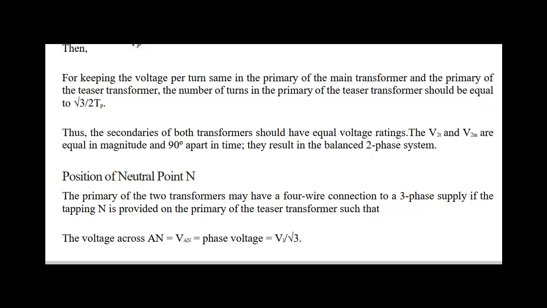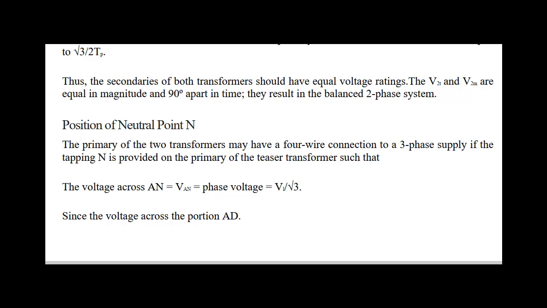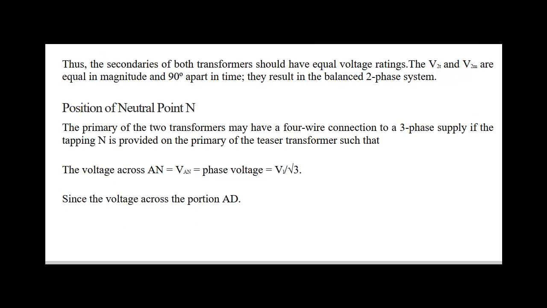Now we discuss the position of the neutral point N. The primary of the two transformers may have a 4-wire connection to a 3-phase supply if the tapping N is provided on the primary of the teaser transformer such that the voltage across AN is equal to the phase voltage, VL upon root 3, where VL is the line voltage.